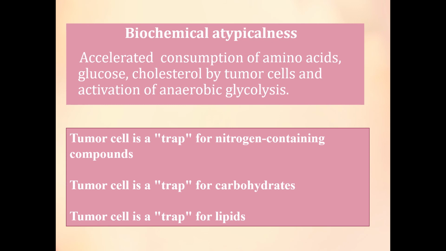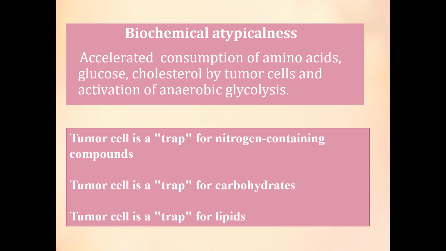This is caused because in the tumor cell, the activity of glycolytic enzymes, for example, phosphoglycerate kinase, dehydrogenase, and others increases, and the activity of the tissue respiration enzymes, for example, cytochrome oxidase, catalase, is reduced. The imbalance between glycolysis and tissue respiration leads to a decrease in pH.